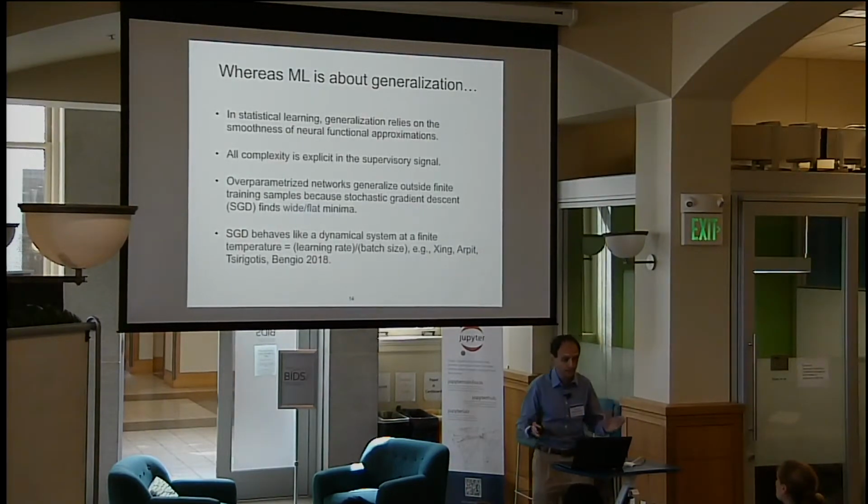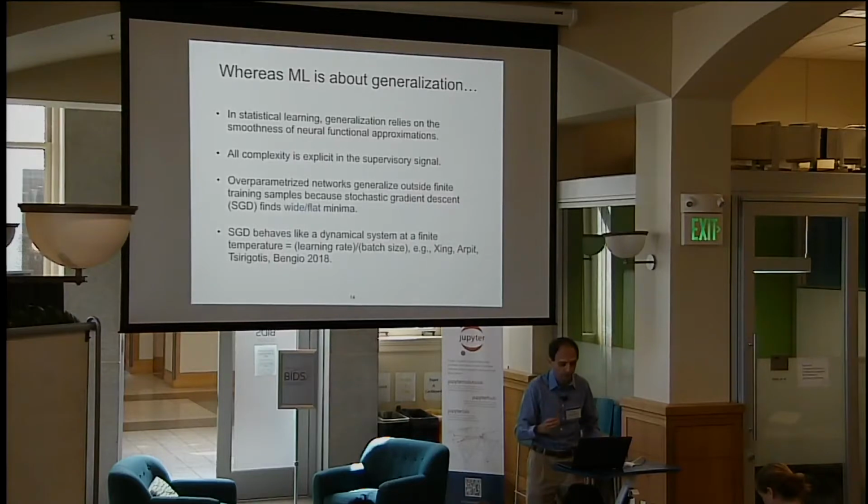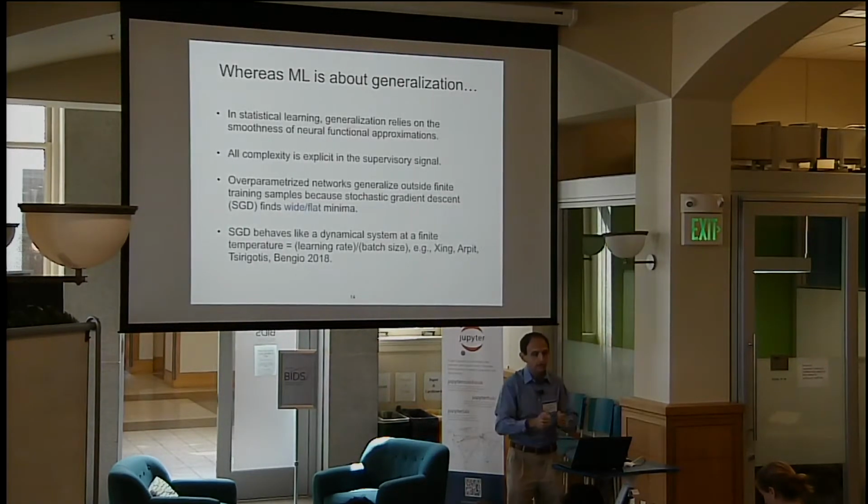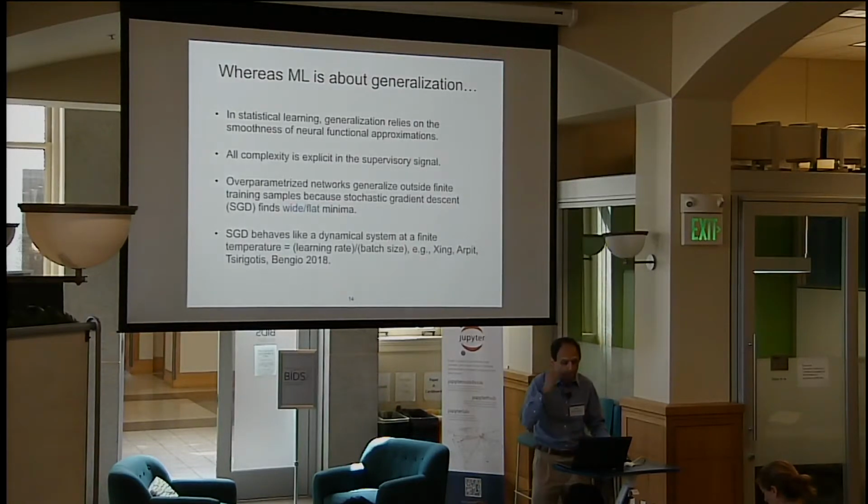Whereas machine learning is about generalization. Okay, in statistical learning, generalization relies on the smoothness of neural functional approximations. All complexity, and that means variation in the data, is explicit in a supervisory signal. So now, over a parameterized neural network, generalized well, we all know that, it's an amazing feature.